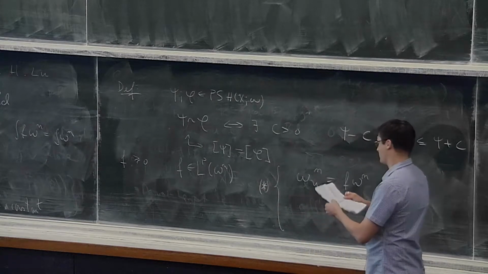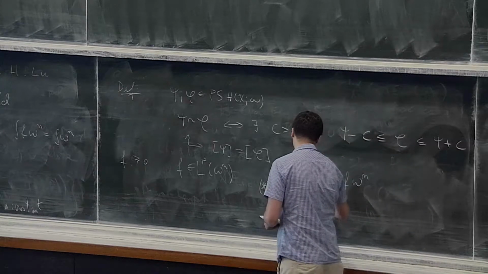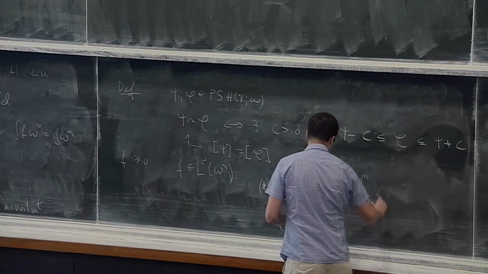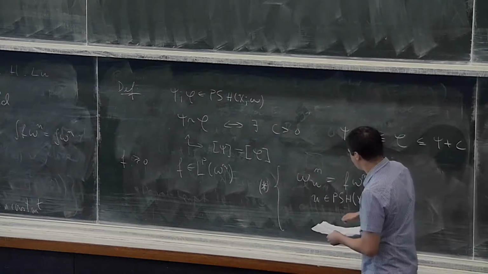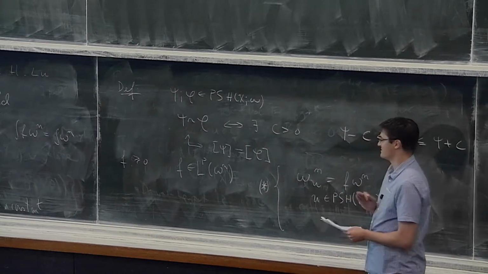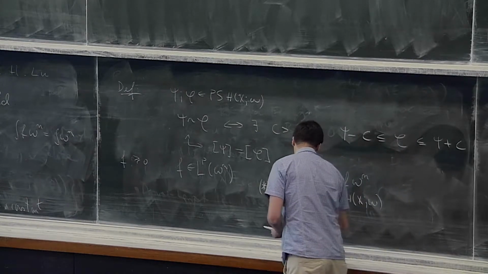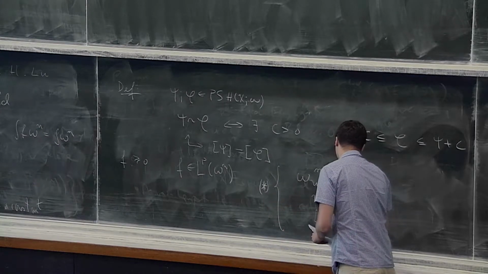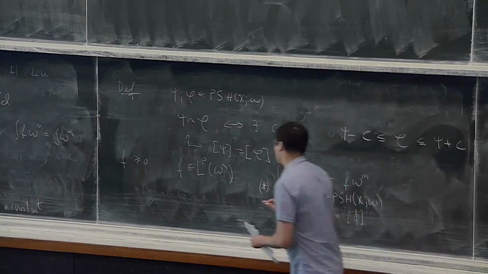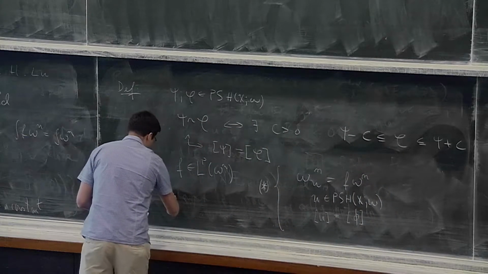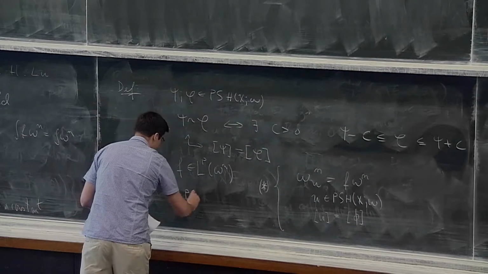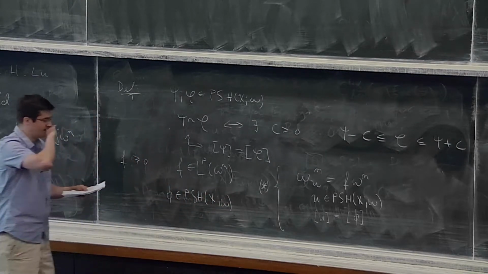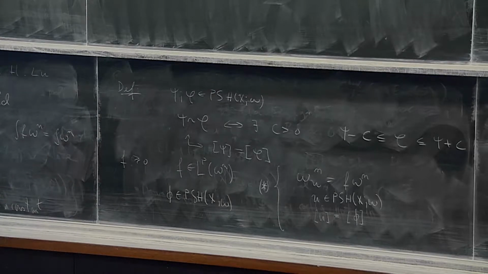I'm just looking for a plurisubharmonic function u now, and I want my solution to have a specific singularity type. So I want the singularity type of u to be equal to the singularity type of some phi, where phi is also part of the data. I should add that phi you fix in the beginning.